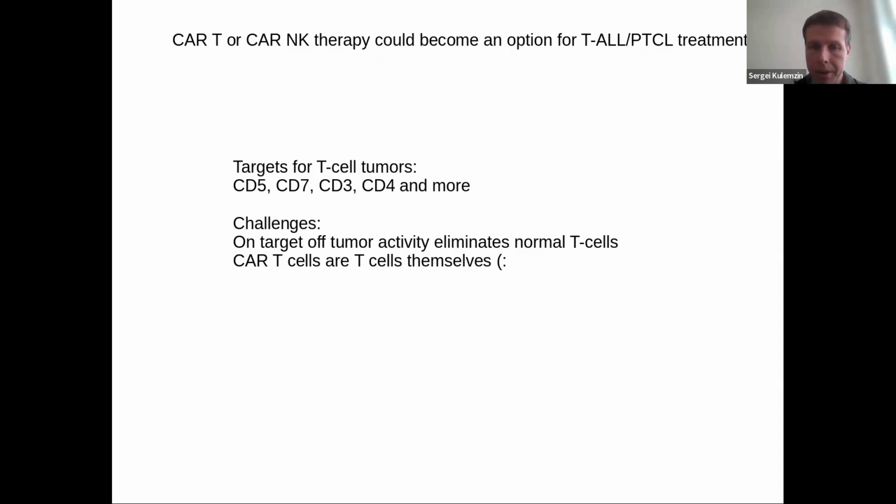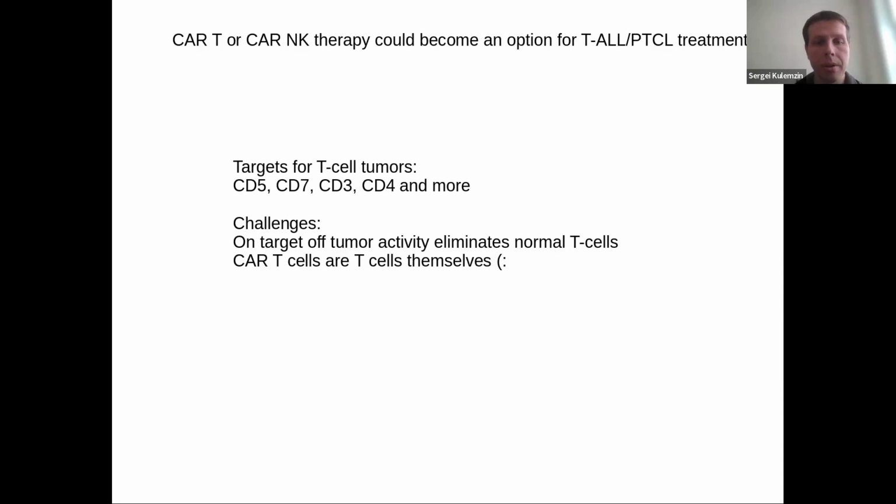But I think that it's fine because in most cases, CAR T-cell therapy is considered a bridge for hematopoietic stem cell transplantation. So if we remove normal T cells along with tumor T cells, it could be fine since the patient will soon be transplanted with novel HSCs.